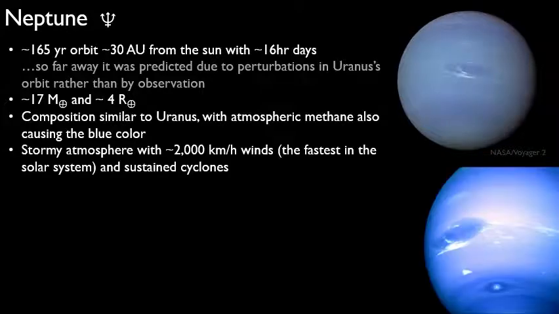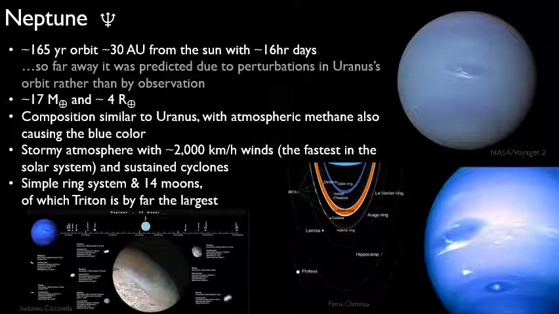The atmosphere, however, is much stormier, and it hosts the fastest winds in the solar system. So 2,000 kilometers per hour. Right, that's crazy fast. And this extreme weather also has sustained cyclones like you see on Jupiter. So you see things like the Great Dark Spot. As far as I'm aware, none of them are known to have been sustained for hundreds of years, like the Great Red Spot, but for several years these big cyclones can be sustained.